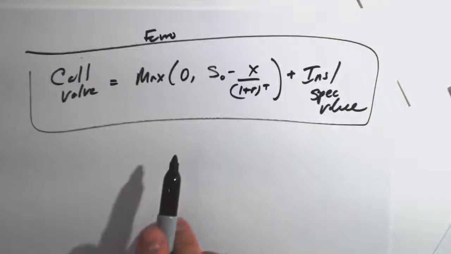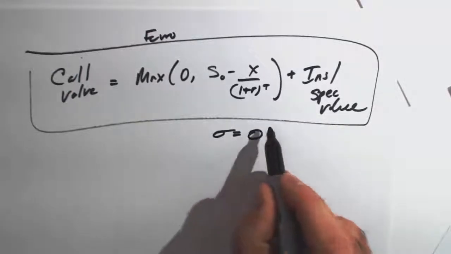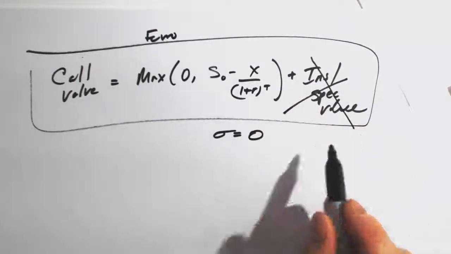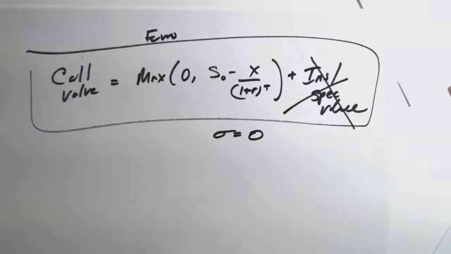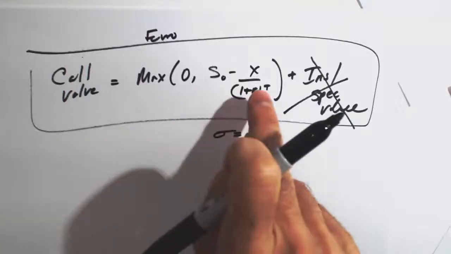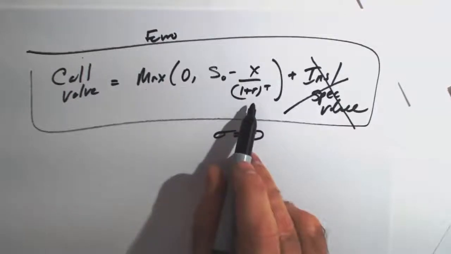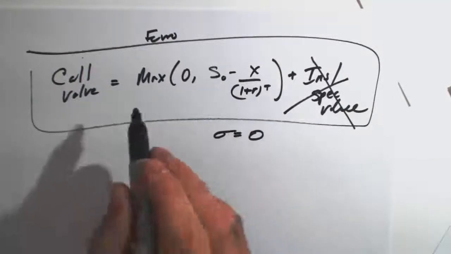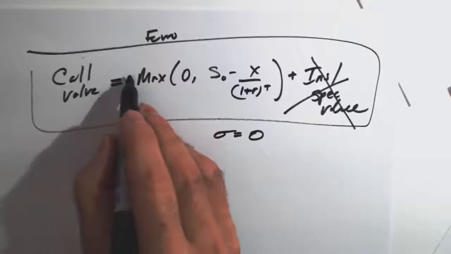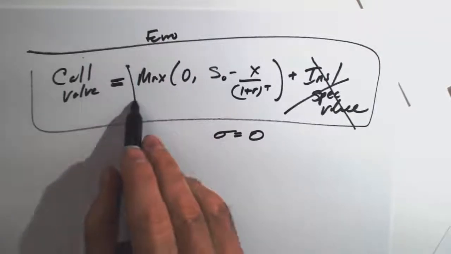Now, what happens is if sigma, the underlying risk of the stock, is zero, it means this insurance and speculative value has no component. The value of the option is simply this intrinsic value. So when you have nothing but intrinsic value, the value of the call is going to equal this.